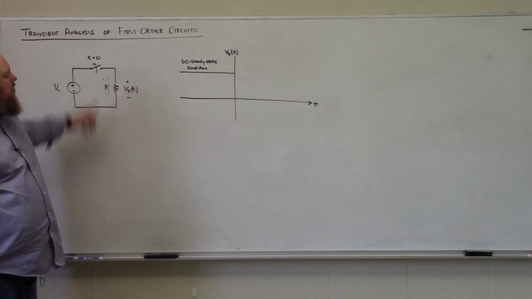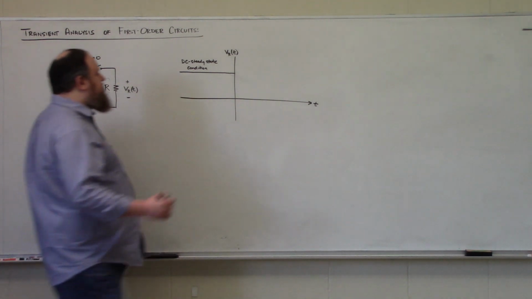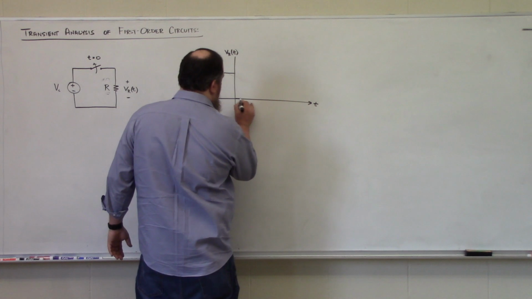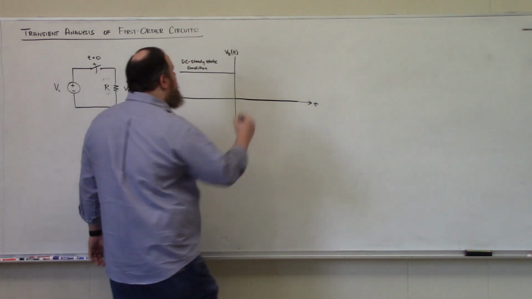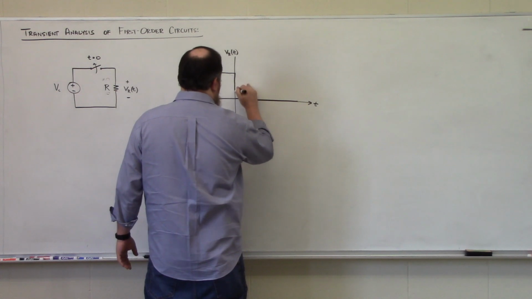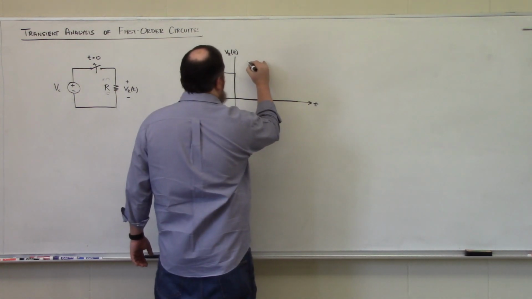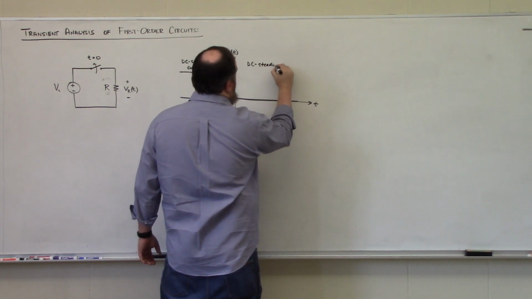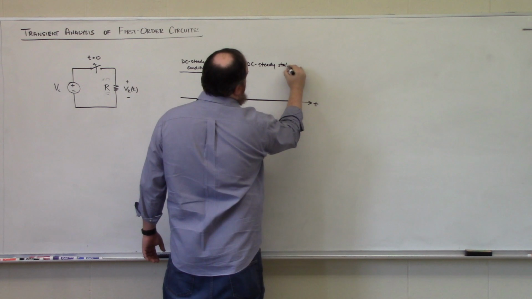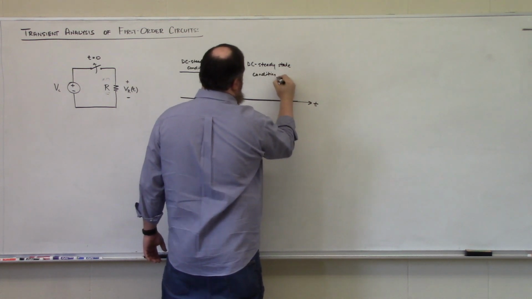After our switch is opened, we have an open circuit here, and we should observe that the voltage drop over our resistor instantaneously drops down to 0. So we have another DC steady state condition, right?